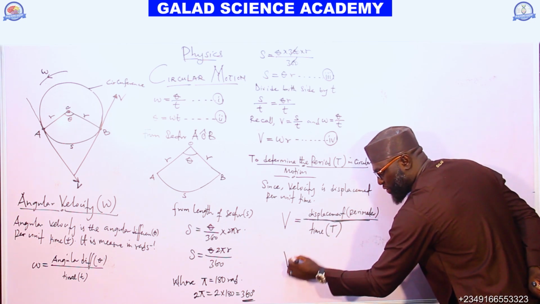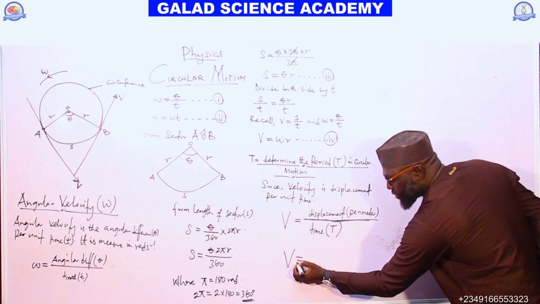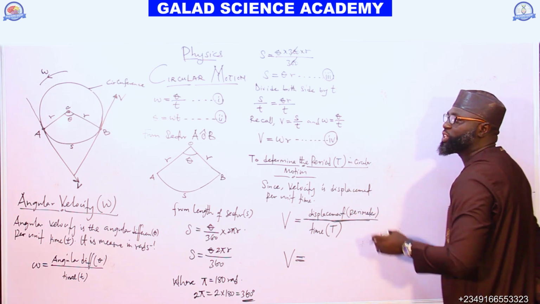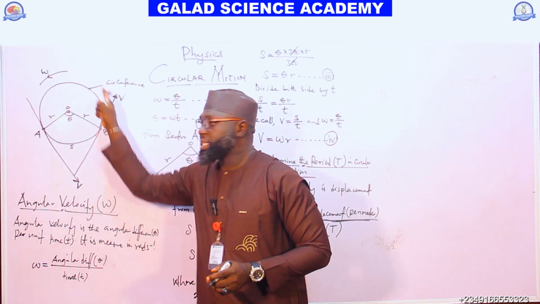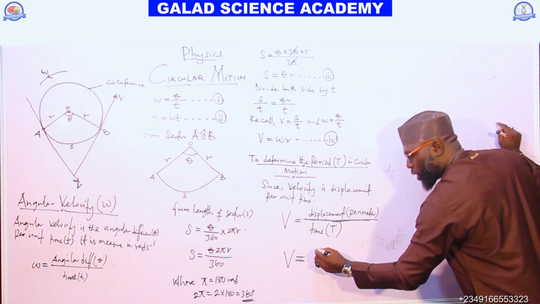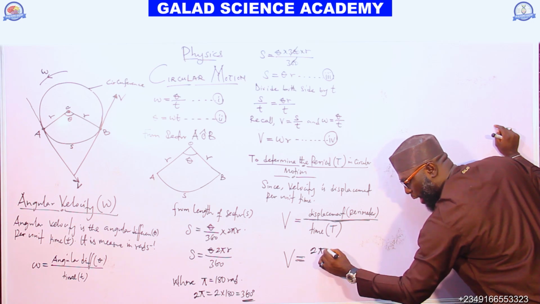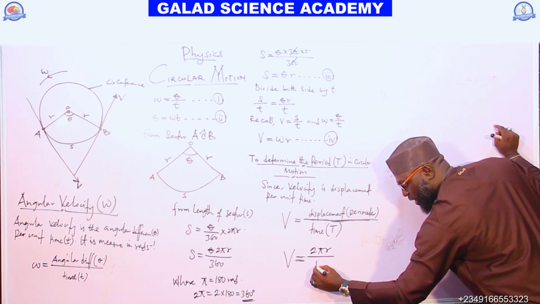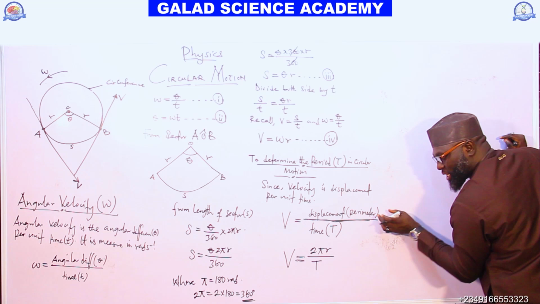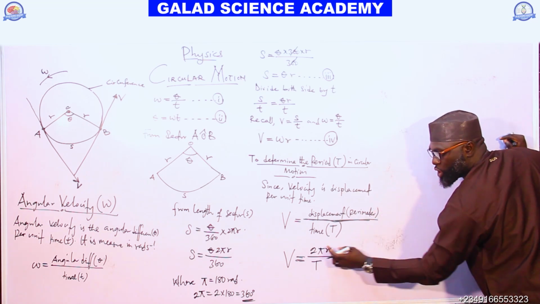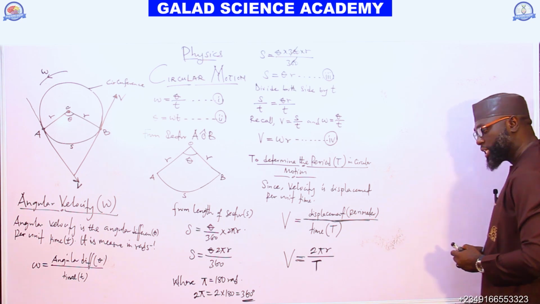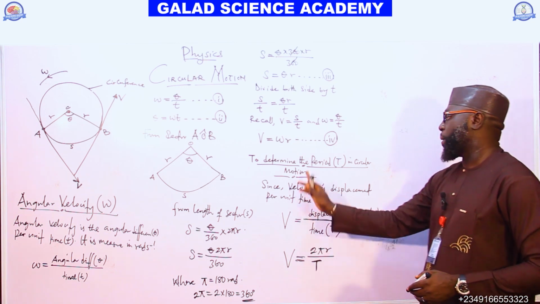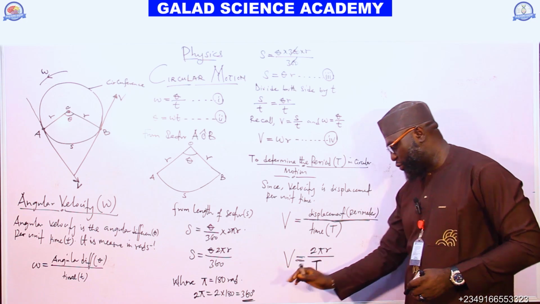You can now have v as this. What is the formula for the perimeter of the circle? The perimeter of a circle is 2 pi r. The displacement is 2 pi r over t. t is the period, and we're looking for the period. Make t the subject of your formula here.